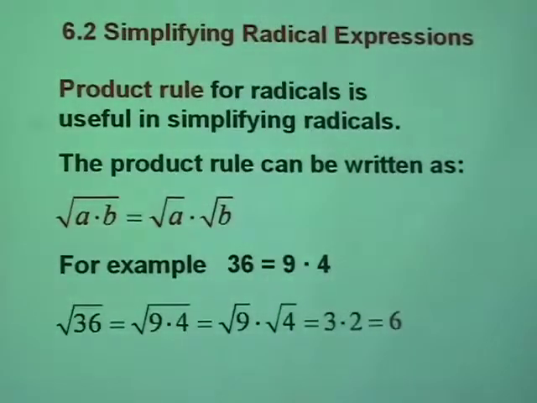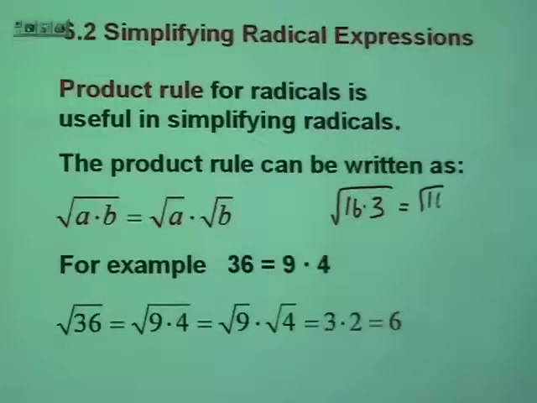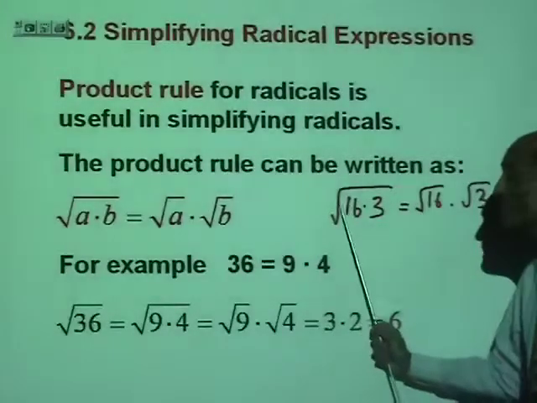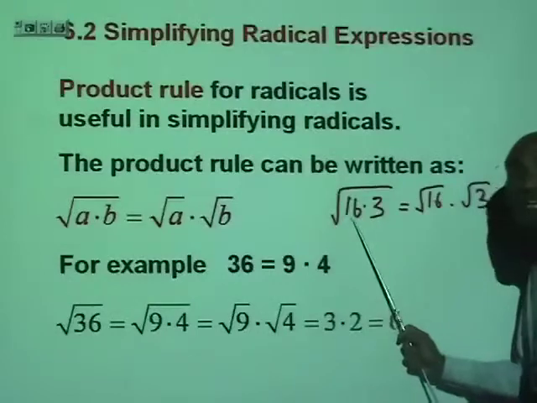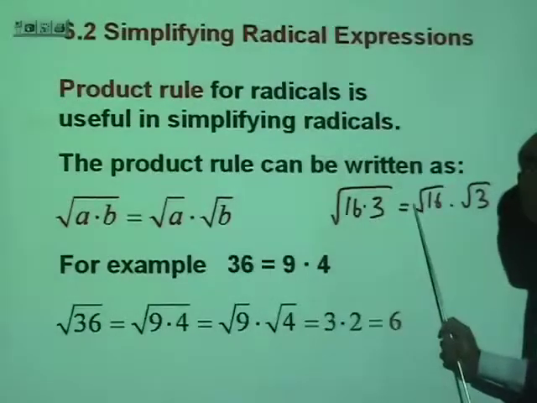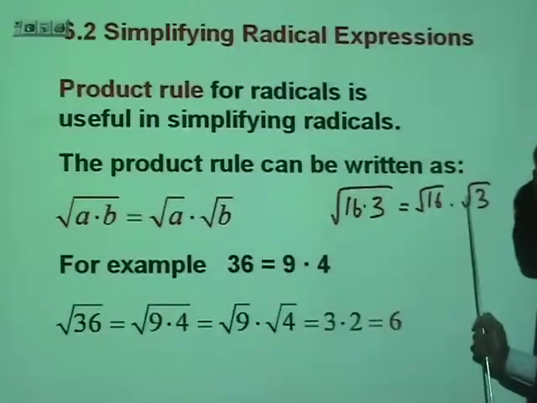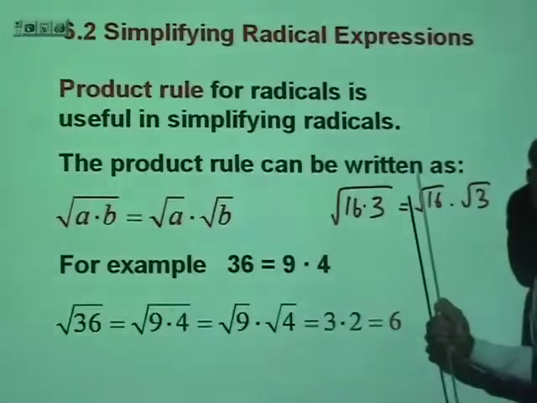In other words, if I have something like this, square root of 16 times 3, I can write it as square root 16 times square root 3. It is a very useful way of simplifying. Why is it useful?